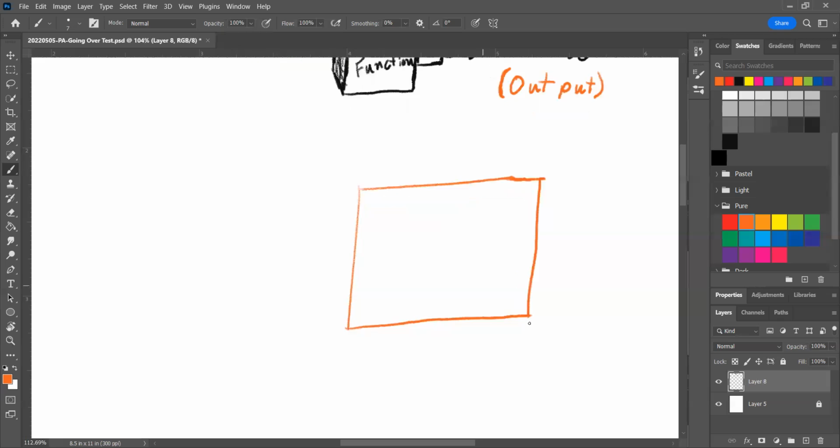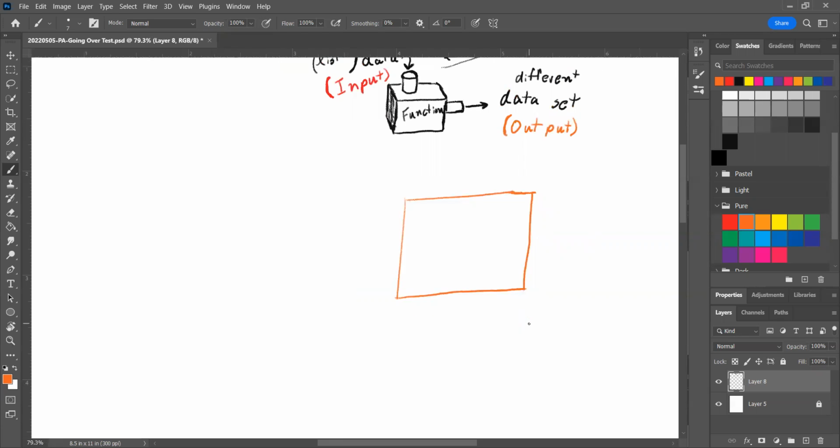All right, so we could have a function where the input is some amount of peanut butter, some amount of jelly, and some amount of bread.